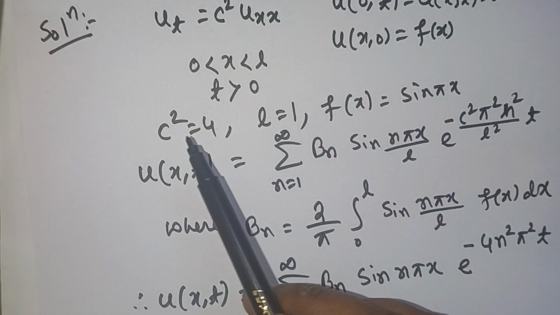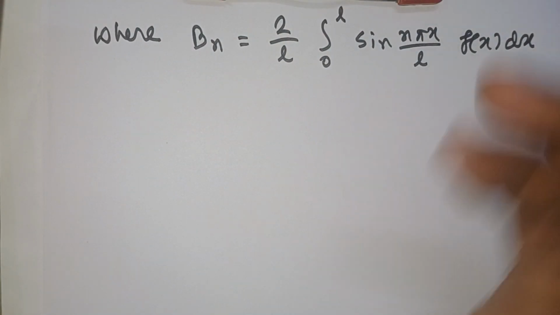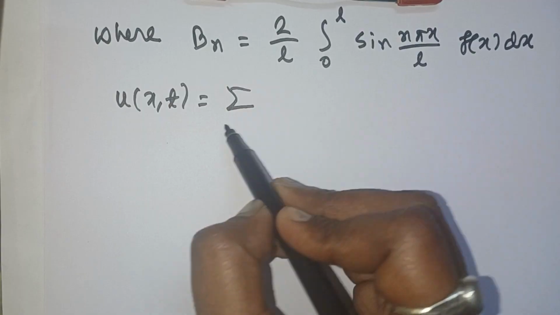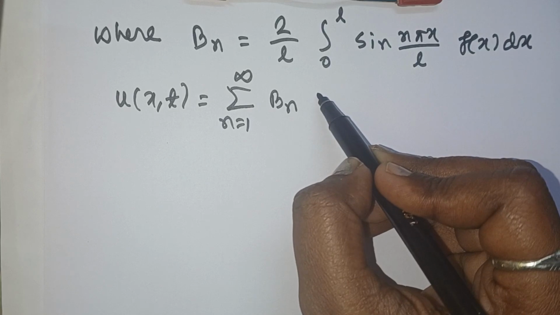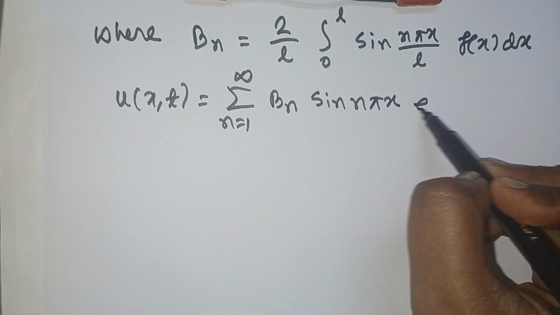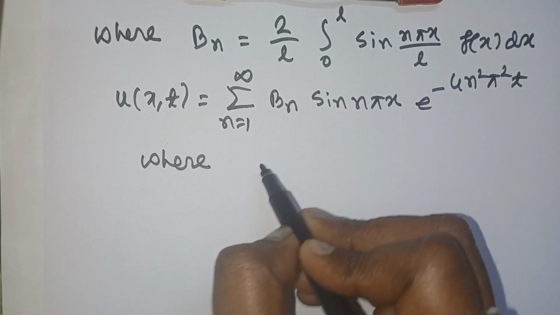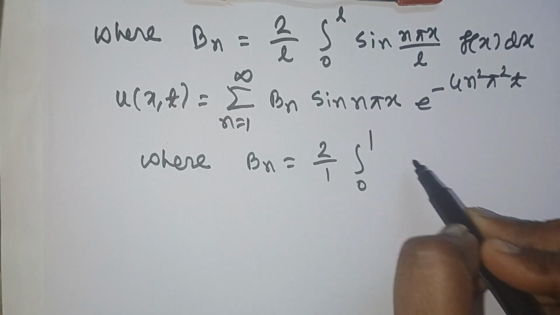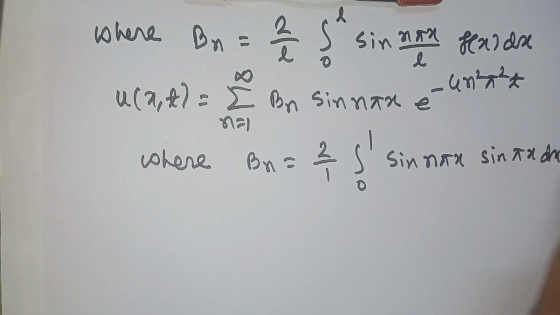So since we have c square equal to 4, l equal to 1 and f(x) equal to sin pi x, applying those we can find u(x,t) equal to summation n equal to 1 to infinity b_n sin(n pi x) e power minus 4 n square pi square t, where b_n equal to 2 by 1 because the value of l is 1, integration 0 to 1 sin(n pi x) sin(pi x) dx because f(x) equal to sin pi x.